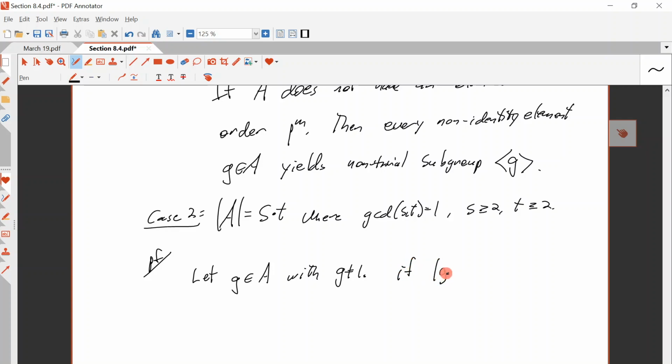If the order of g divides s, then the cyclic subgroup generated by g has order dividing s, less than or equal to s, and so is a non-trivial normal subgroup.